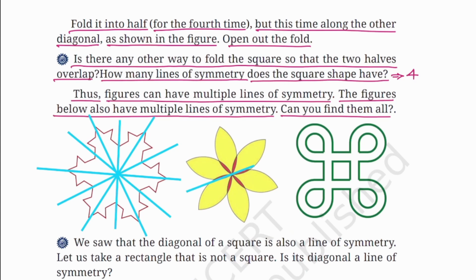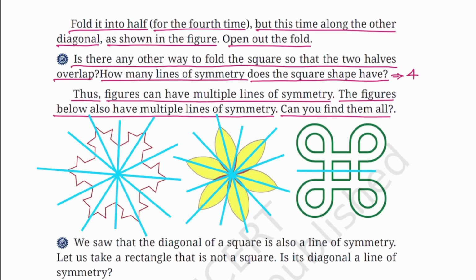Similarly, in this one, 1, 2, 3, 4, 5, 6. This figure has 6 lines of symmetry.